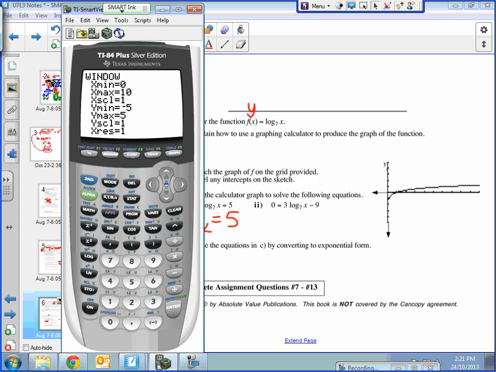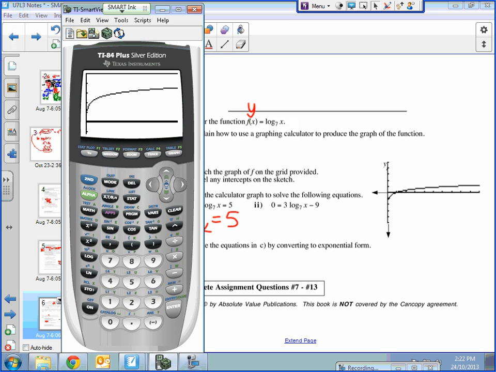I wonder if zoom fit would work. I'm going to try that. No. Okay, I'm just going to change my x max. I'll try 1,000. So you just have to keep changing it until you see that intersection.